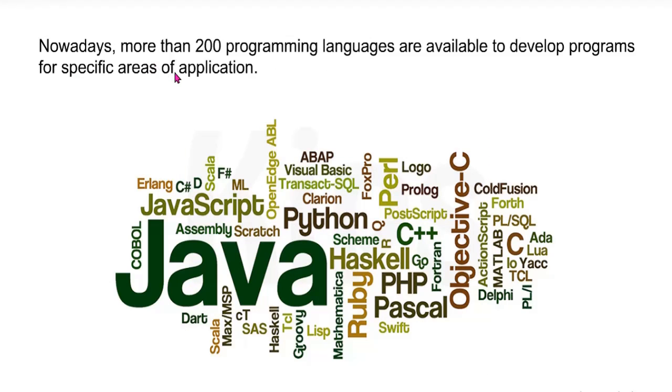Nowadays, more than 200 programming languages are available to develop programs for specific areas of application. Here you see C++, D, JavaScript, COBOL, Java, Haskell, Python, Perl, PHP, Pascal, Ruby, and it is going on. There are more than 200 programming languages.